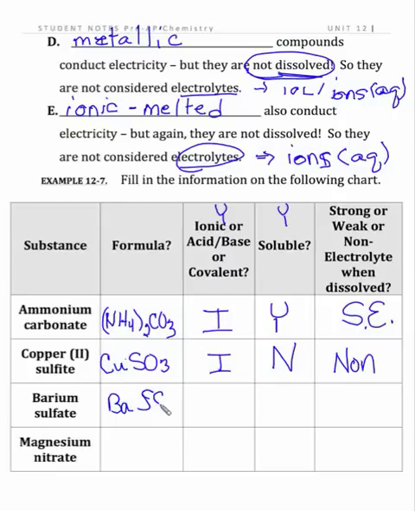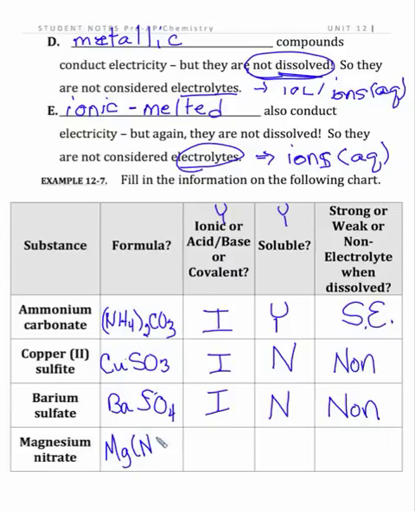Barium sulfate. Look at your solubility rules for these. BaSO4. Barium's a metal with an anion, so yes, it's ionic, but if you look at your solubility rules, it's one of the exceptions for sulfate that is not soluble.